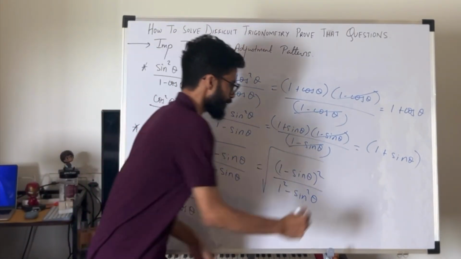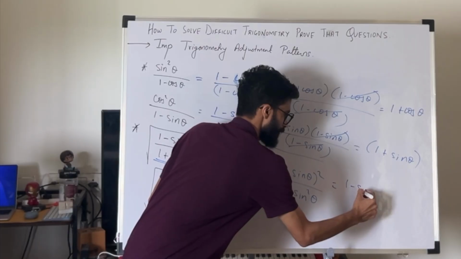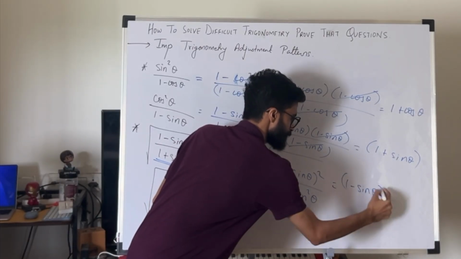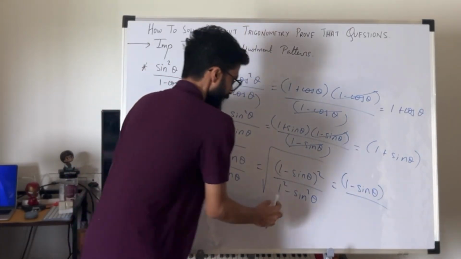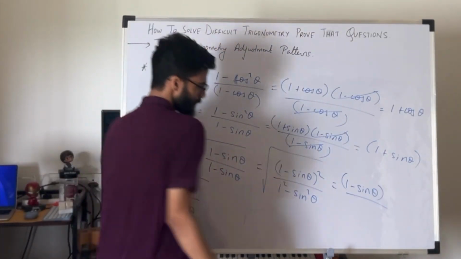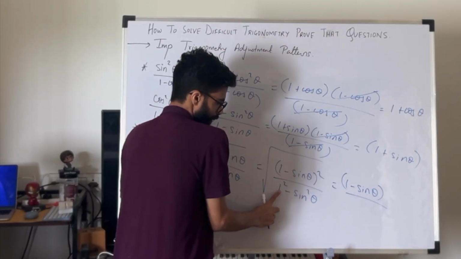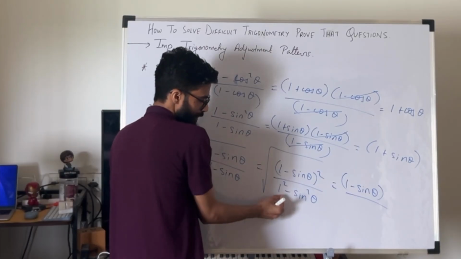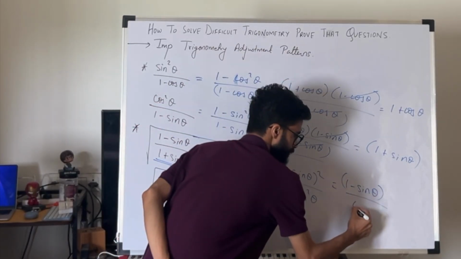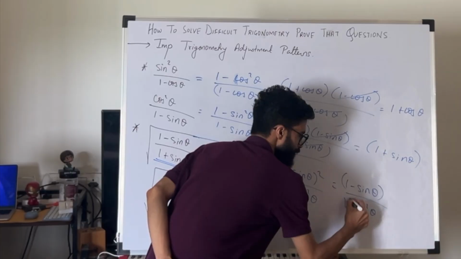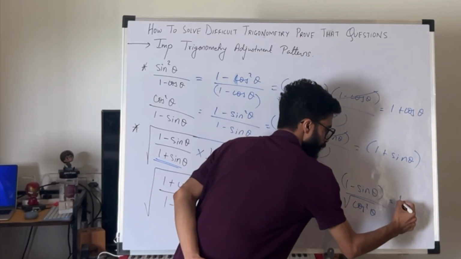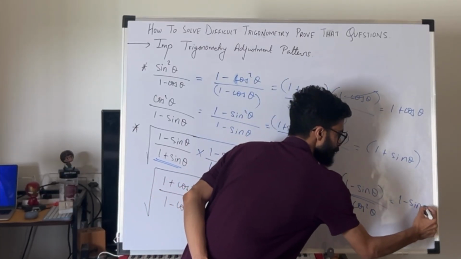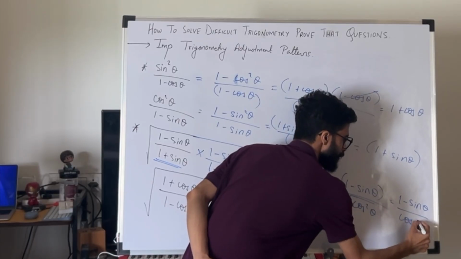Numerator's square root is 1 minus sin theta upon, can I write this as 1 minus sin square theta as cos square theta square root. This is nothing but 1 minus sin theta upon cos theta.